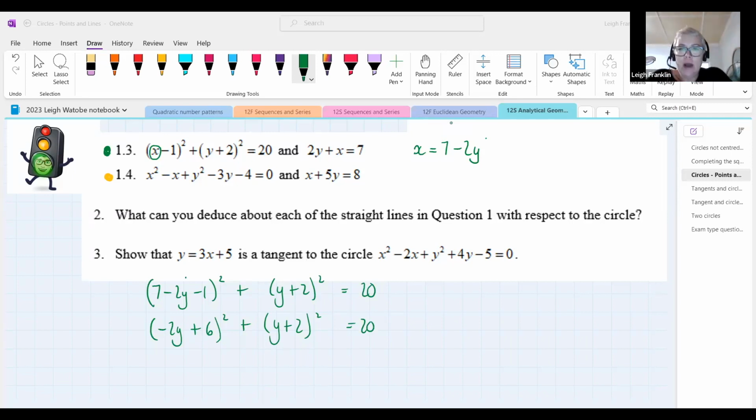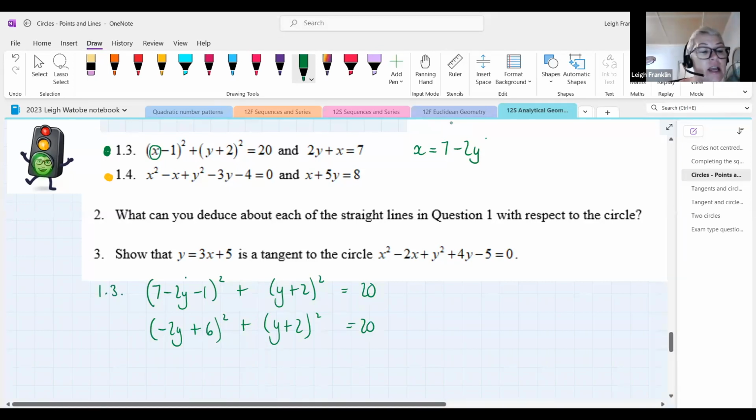Tendai said he didn't understand how to get started with question 1.3. So I was just showing him how to make x the subject of the formula in the linear equation and how to sub it into the quadratic equation, the one for the circle. Should I explain it to him? It's all right, I think I've explained it to him already.